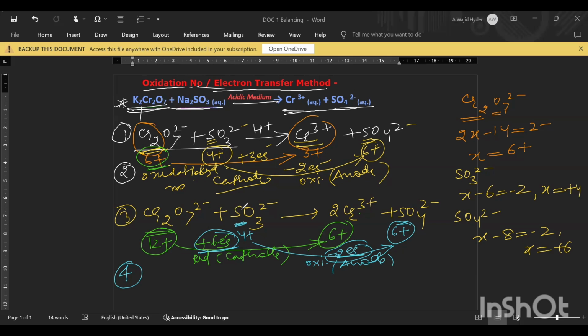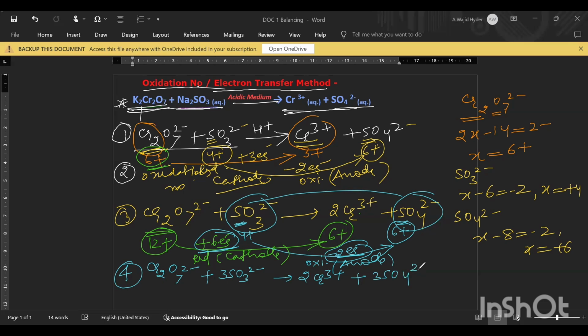So you have to multiply this by 3 so that the number of electrons lost will also become 6. So you will write Cr2O7 2- plus thrice SO3 2- will be giving twice Cr3+ thrice SO4 2-. Now the number of electrons lost and gained is the same.